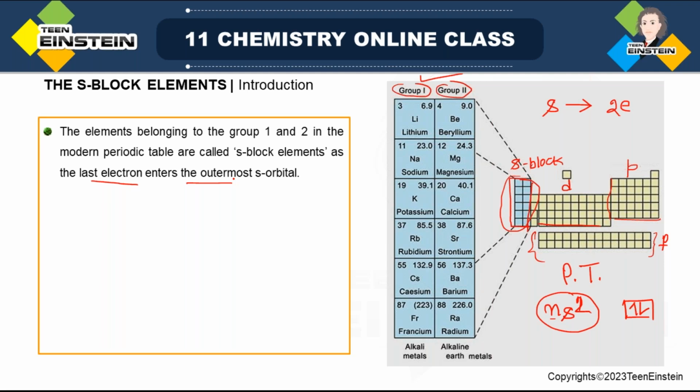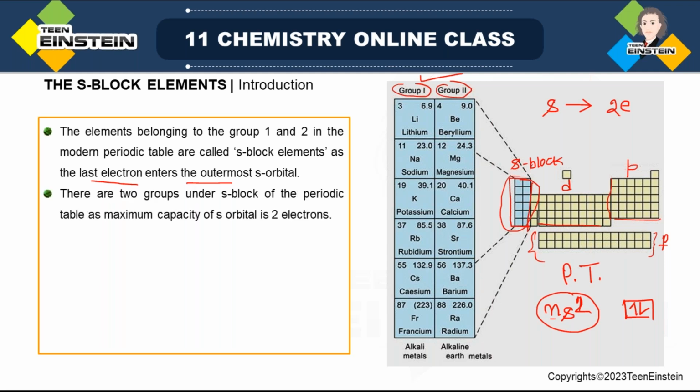As it is entering the outermost S orbital, we are including them in S block. And there are a total of two groups, as the maximum capacity of S orbital is 2 electrons.